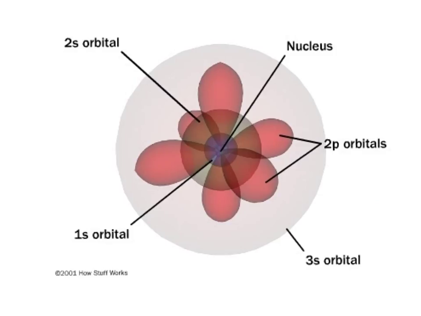So here's what it looks like if we take the first s orbital, which is this smaller dark purple shaded area, together with the second s orbital, which is this larger one. And then you have some p orbitals. You notice there are a total of 6 lobes shown.